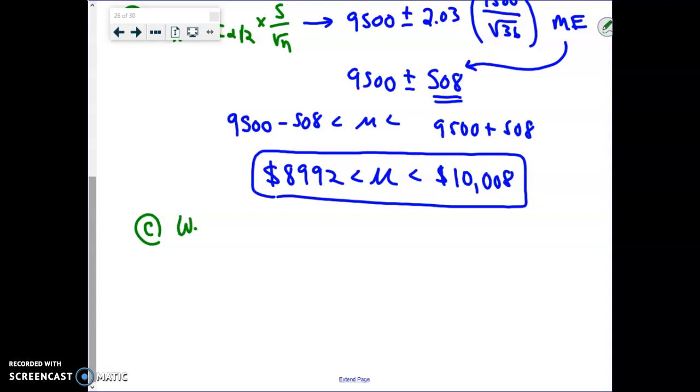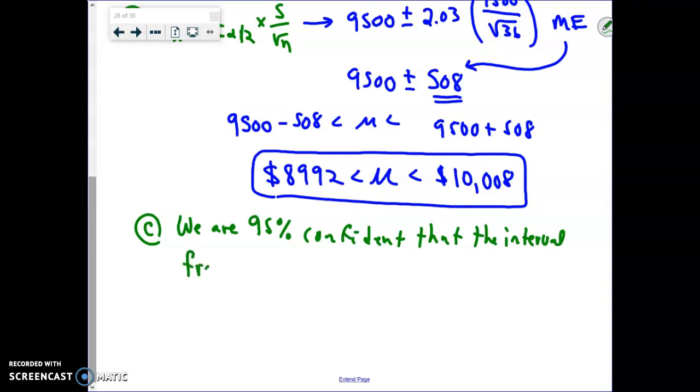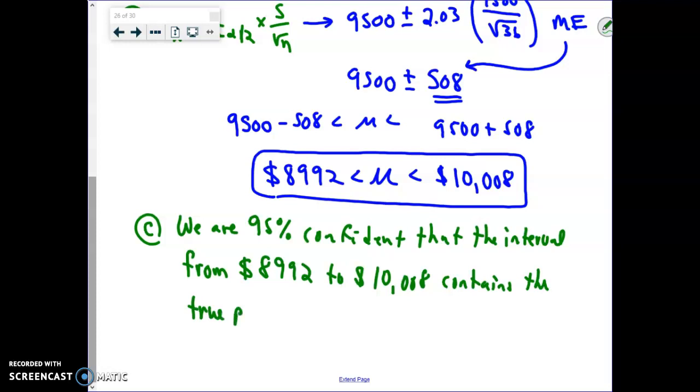So we're going to say we are 95% confident, that didn't change, that the interval from $8,992 to $10,008 contains the true population mean.